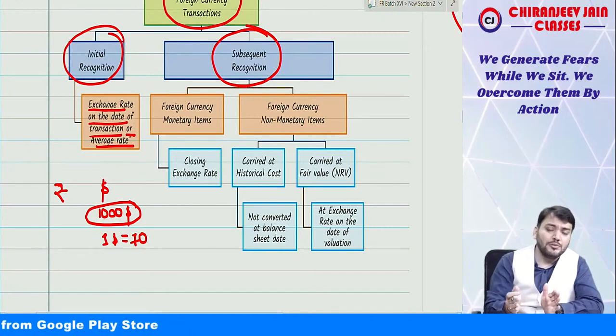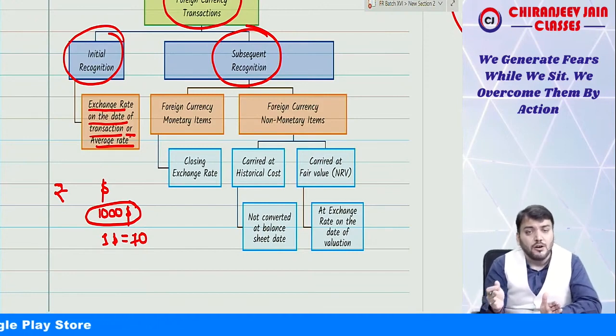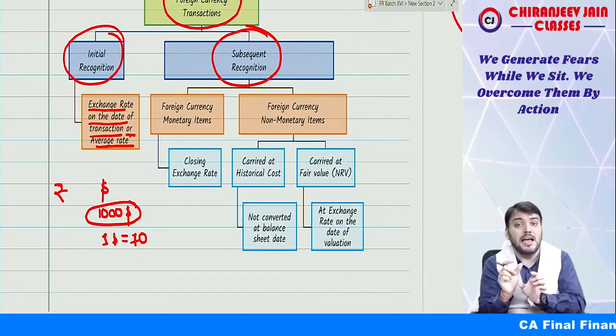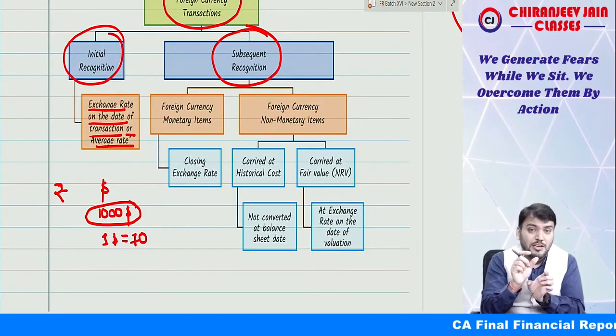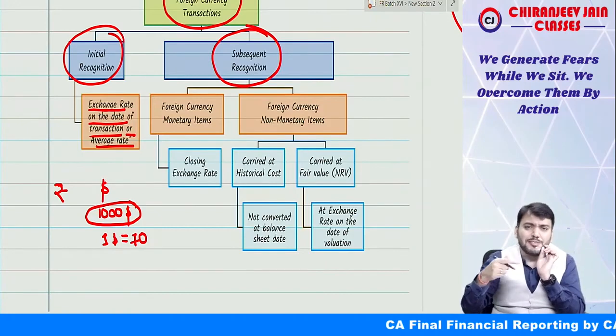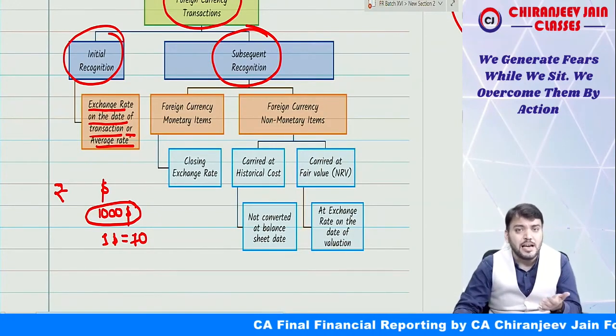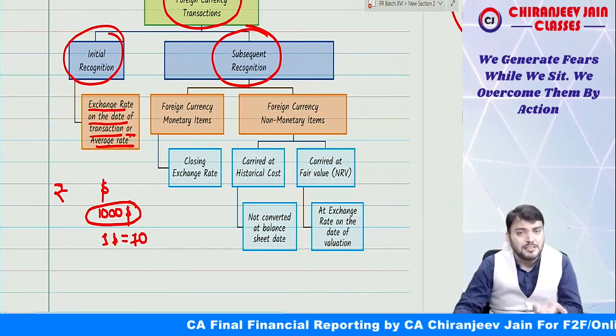So either you can use the transaction date exchange rate, or you can also use the average rate. Average rate will be used only when it approximates the actual rate. Average rate can be weekly average or monthly average.